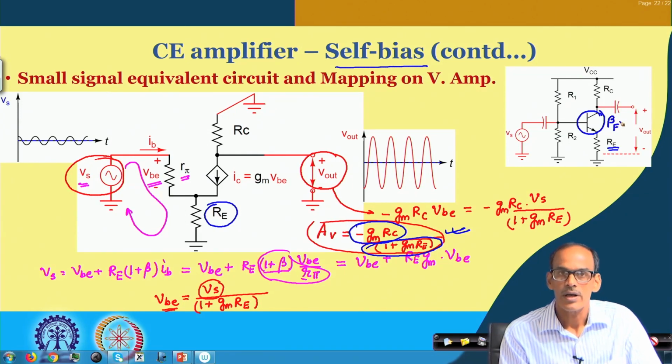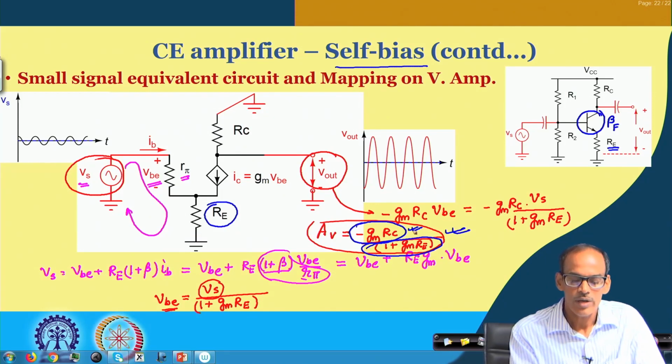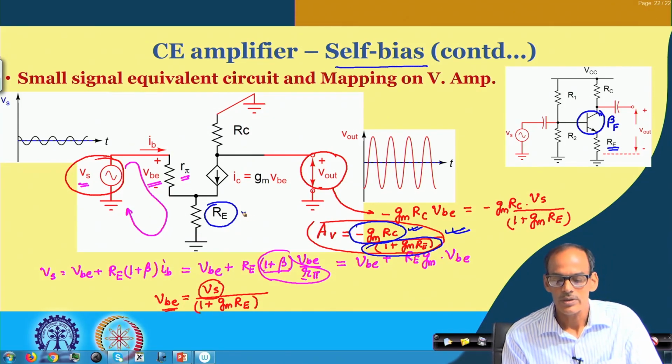However, unfortunately, this is also desensitizing the circuit against the input signal, and as a result it is making the gain much smaller than whatever the original gain the CE amplifier potentially can provide. So, we have to see what we can do for this part.